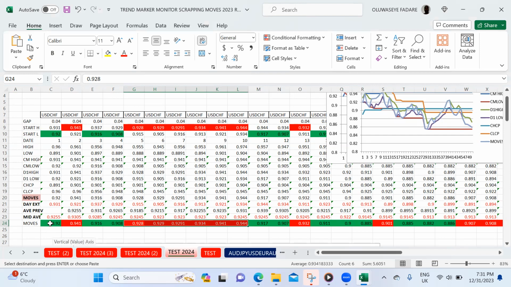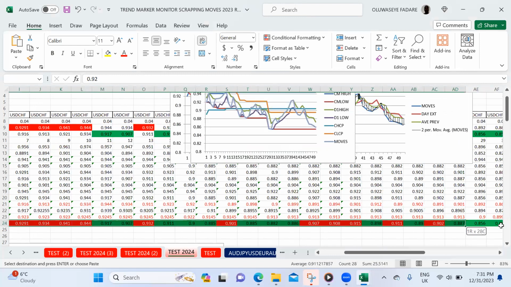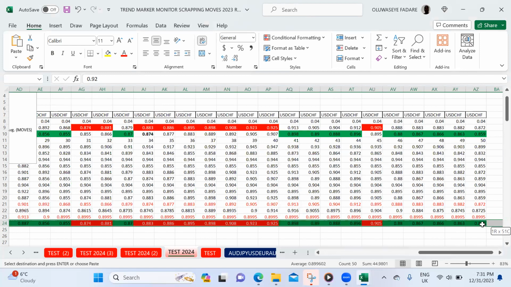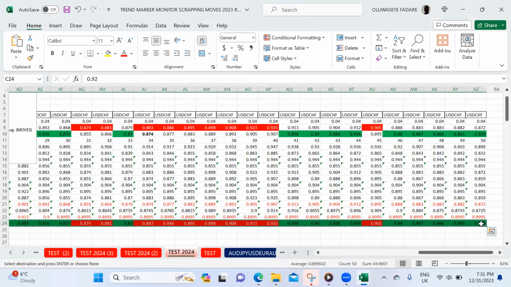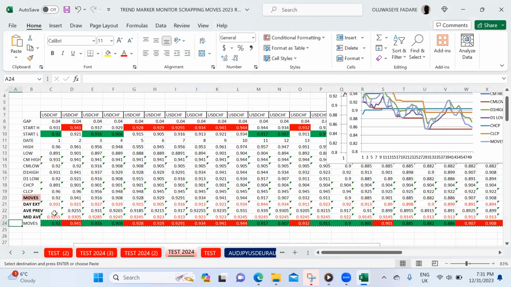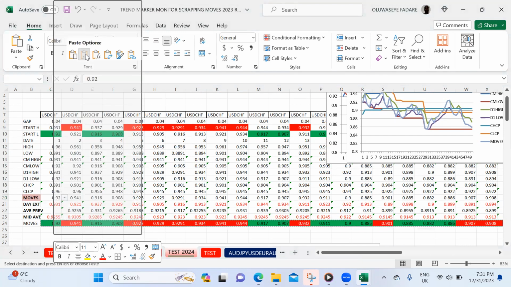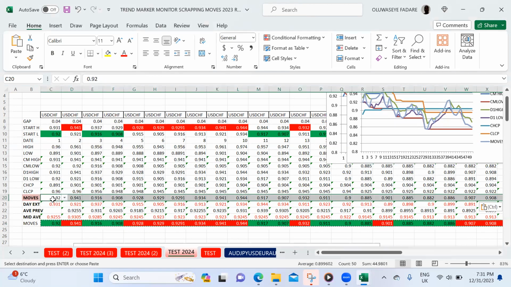So what I do then is copy these moves as they are here, and paste them here in figures. Automatically, pasting it here calculates the other values.